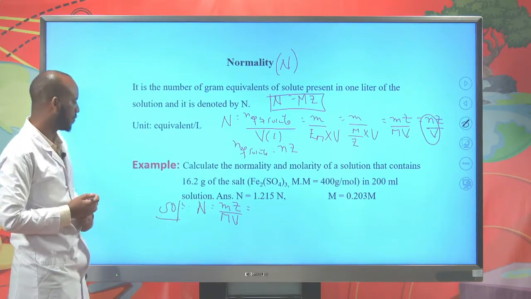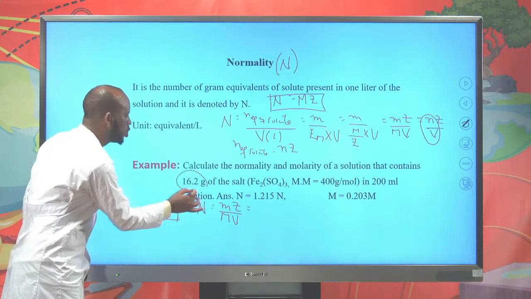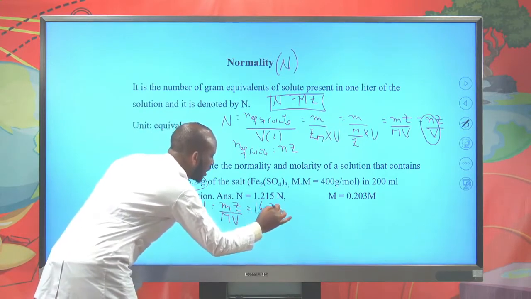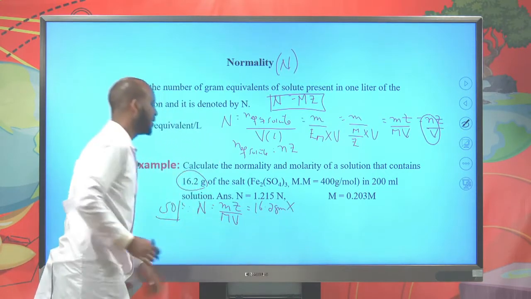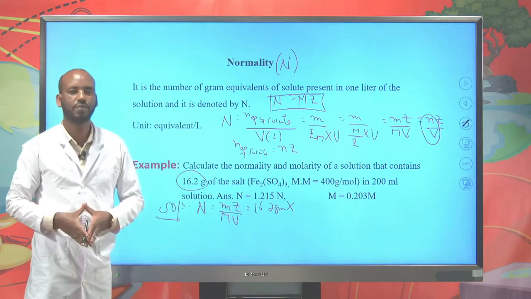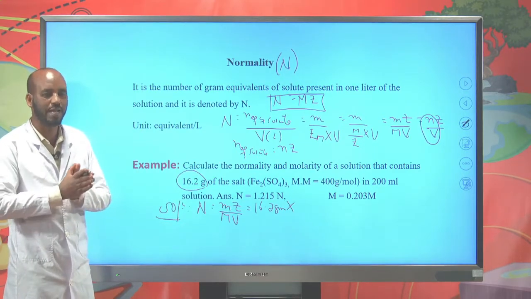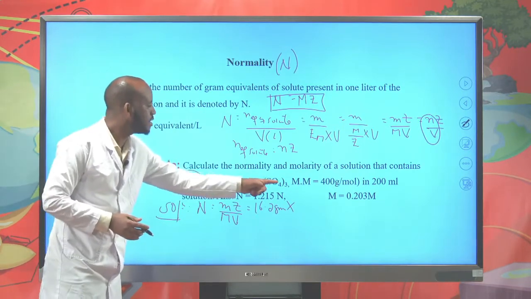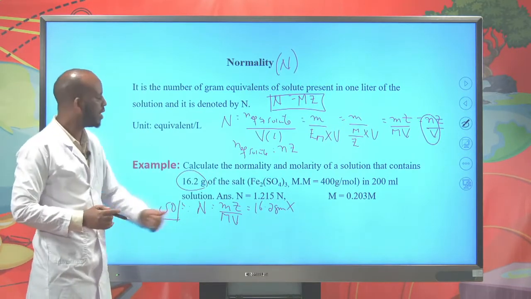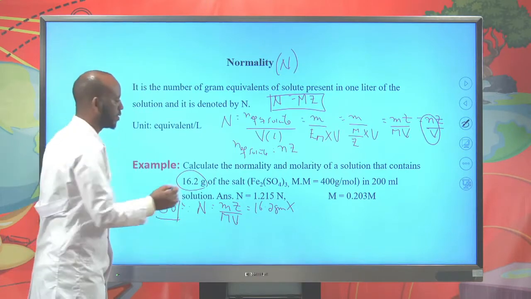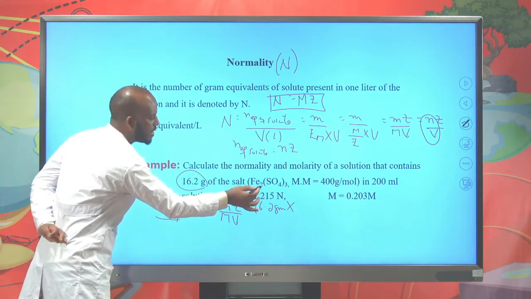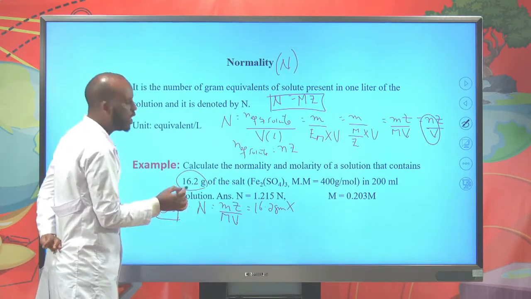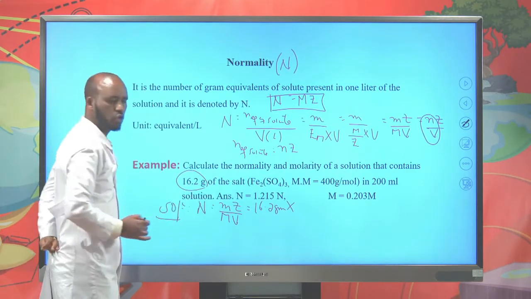Small m is the mass of the solute, which is 16.2 gram, times Z. For a salt, Z is the total positive valence. The salt is iron sulfate. The valency of iron is plus 3, and here we have 2 iron atoms.